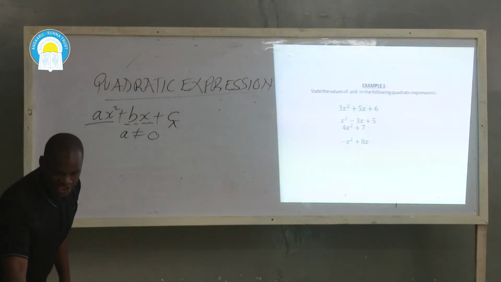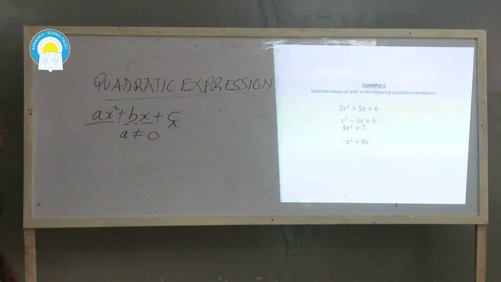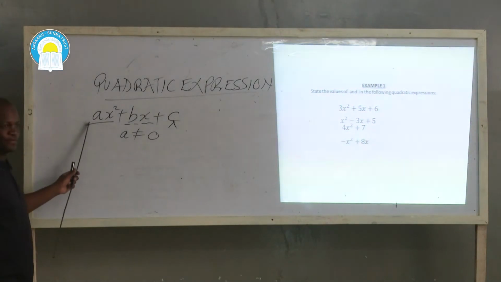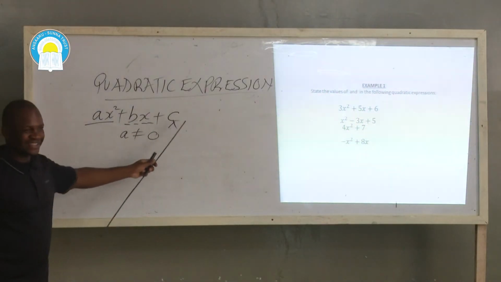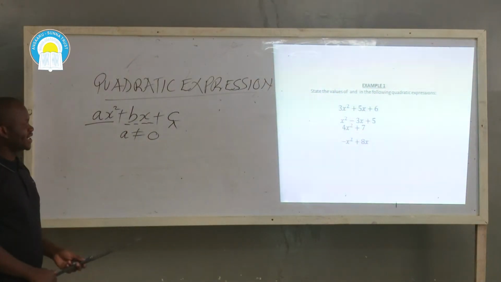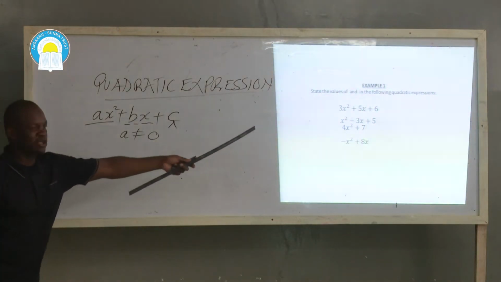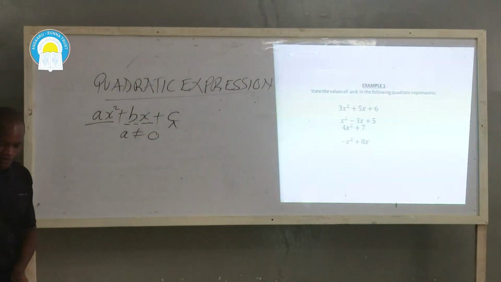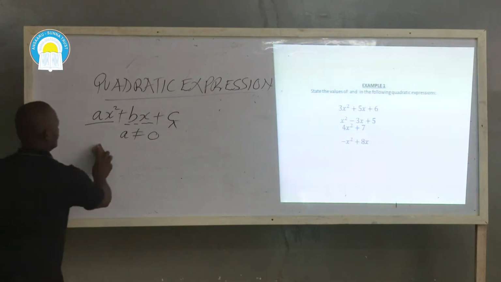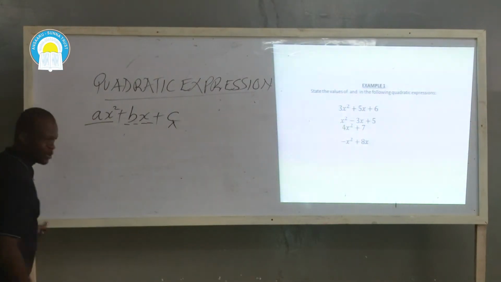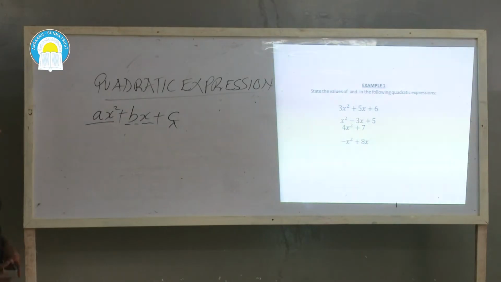So we'll have our first example of a question. Just put the question down. State the value of a, b, and c in the given quadratic expression, which I'm going to list here. Our first expression is 3x squared plus 5x plus 6.